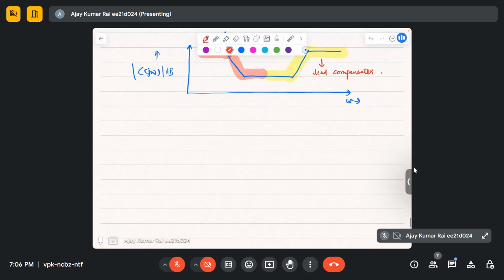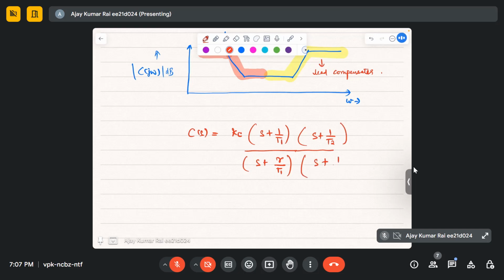So the transfer function for this is Kc, (s plus 1 by T1)(s plus 1 by T2) over (s plus gamma by T1)(s plus 1 by beta T2), I think.